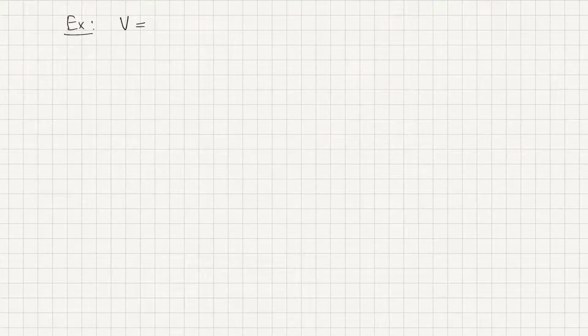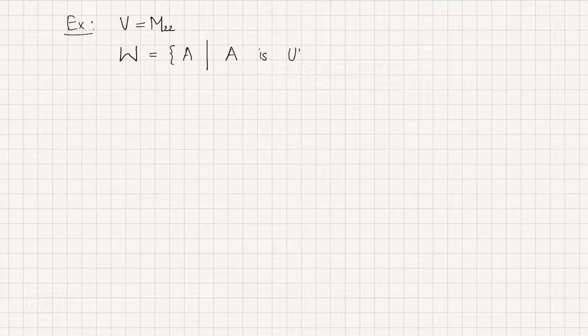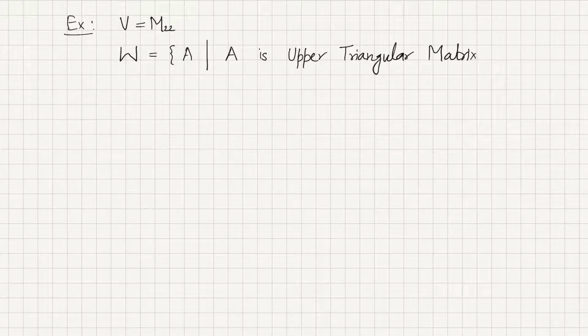If you have the vector space M22 and W is the collection of all matrices that are upper triangular, so W is the collection of all 2 by 2 upper triangular matrices.